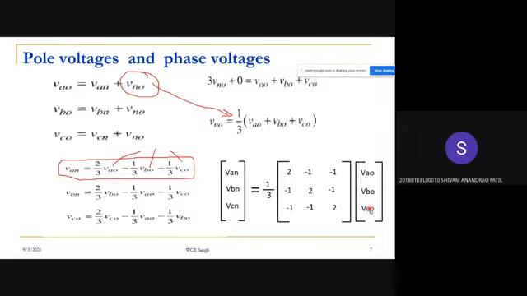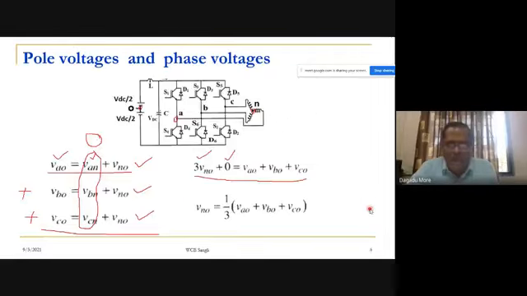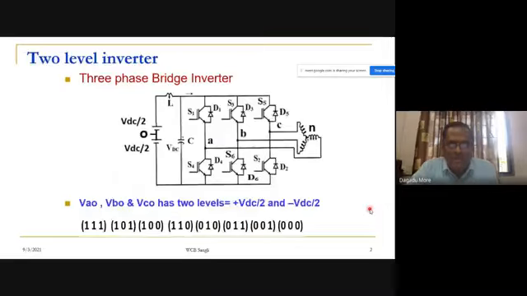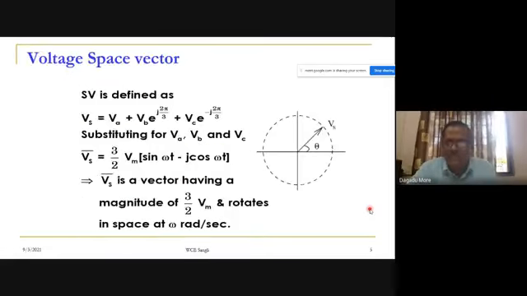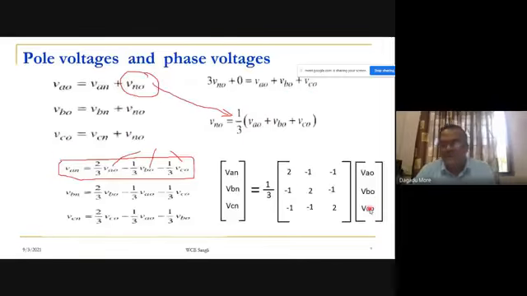Again we can go back. We are having a two-level inverter, and we have shown the switching states. So how many switching states for a two-level inverter? 8. So the switching states of the two-level inverter are 8.